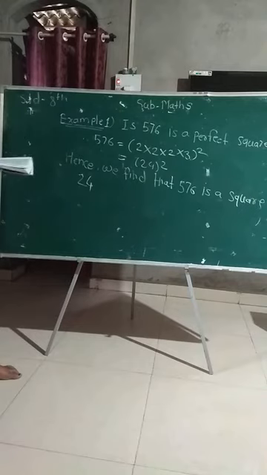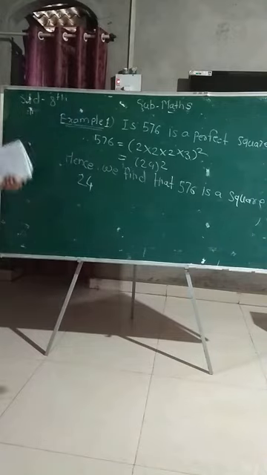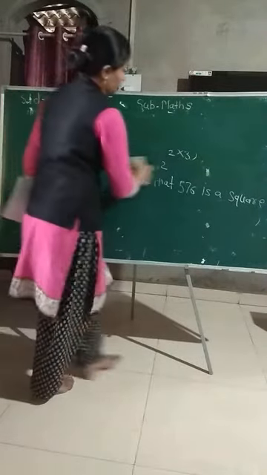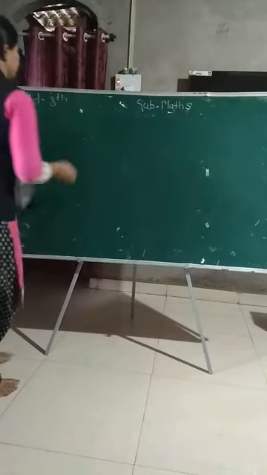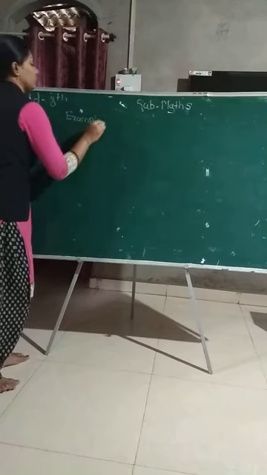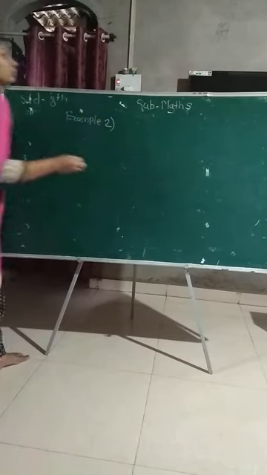Now we see example number 2. Check whether the number 6075 is a perfect square.